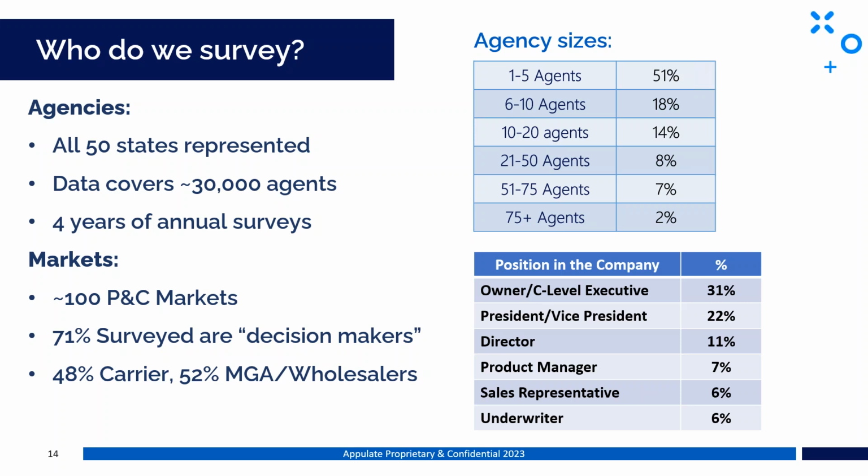We did 3 surveys this year alone, one of P&C markets, which is down below in that second half on the left, and 2 different surveys covering agents in 2 different ways. One of the things I really focus on in these surveys, which you can see on our YouTube channel, and I've got some white papers on them, is a large breadth of information: what kind of markets agents prefer to work with, which lines of business they are writing, which classes and trades they are focused on, and on and on.